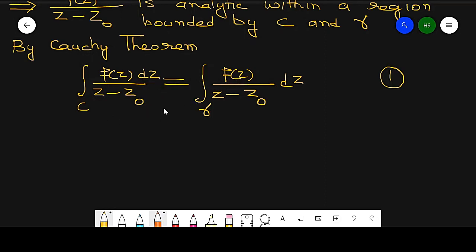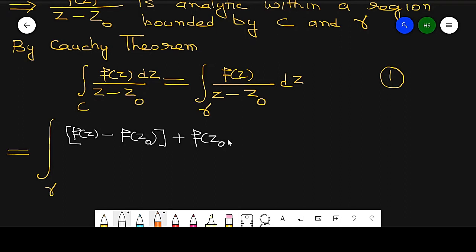Now this integration can be written as the integration around gamma of [f(z) minus f(z0)] plus f(z0), over (z minus z0) dz. Here we add f(z0) and subtract f(z0), so it can be written in this way.